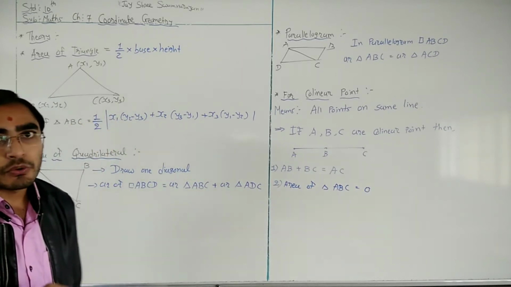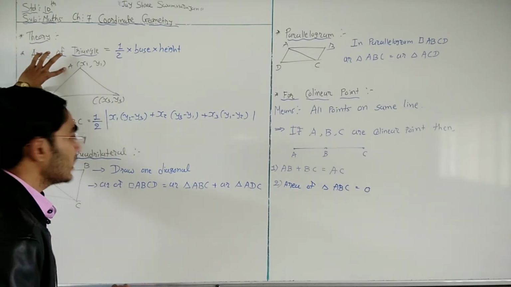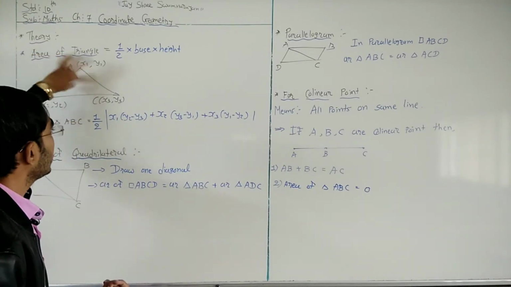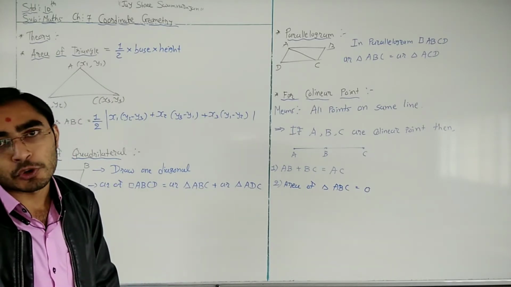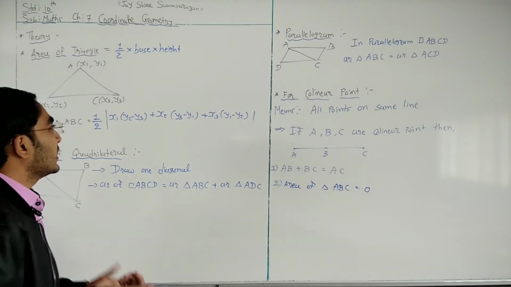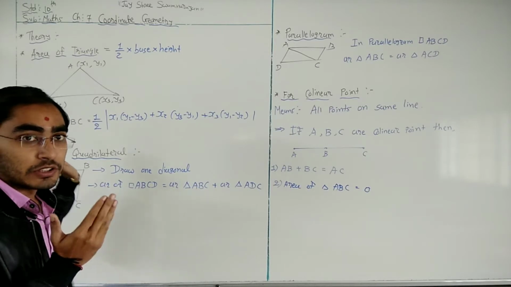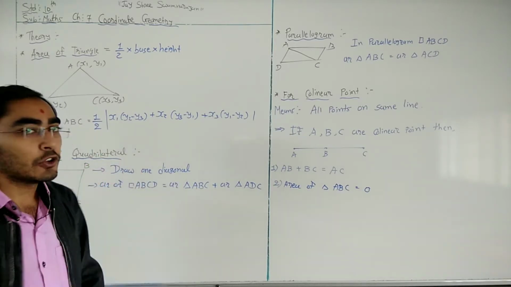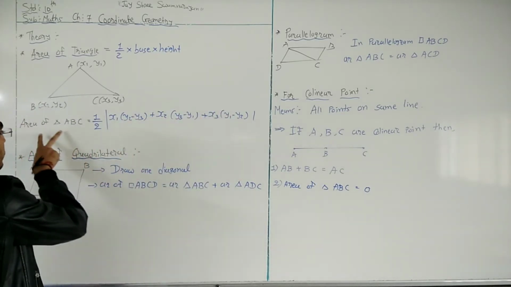One way is to find the distances AB, BC, and AC, and after that use Heron's formula to find the area. But it's somewhat difficult. First of all, we need to use the distance formula 3 times, and after that the Heron's formula. It's a long process, so we have one short and simple formula.